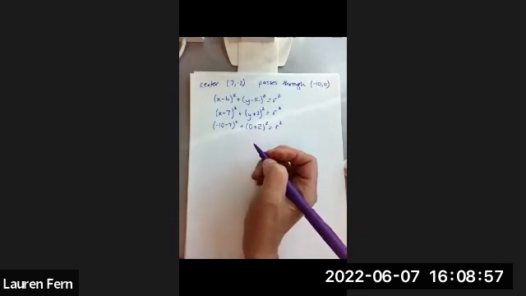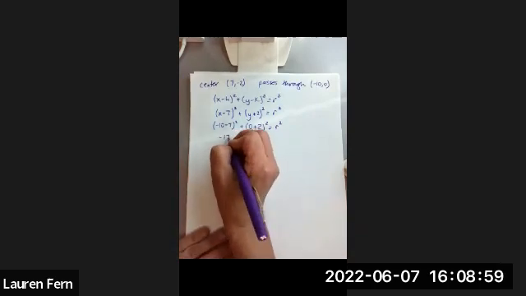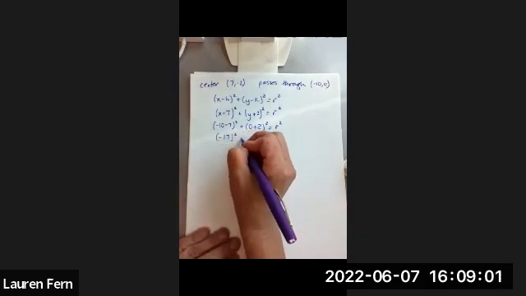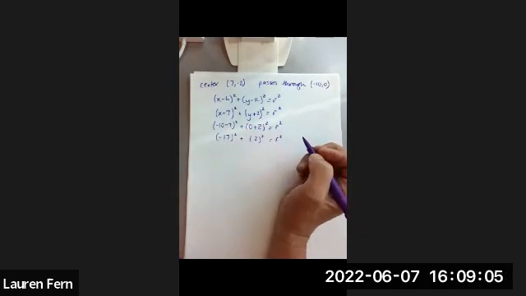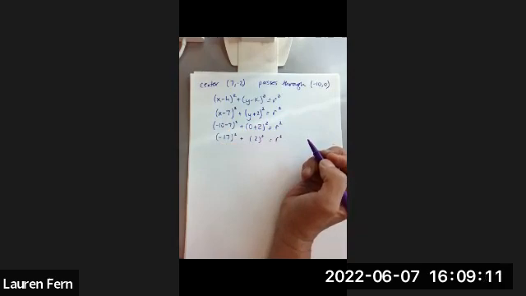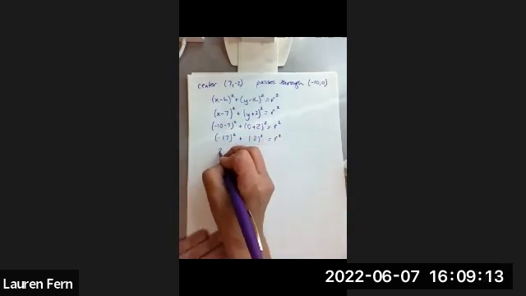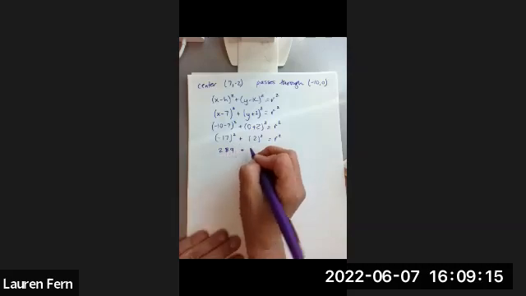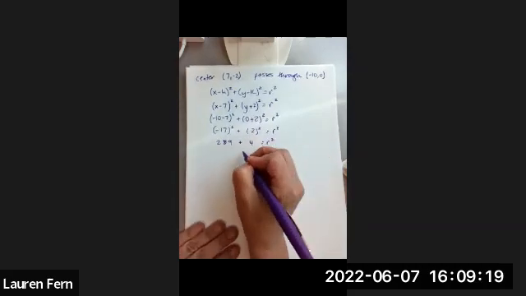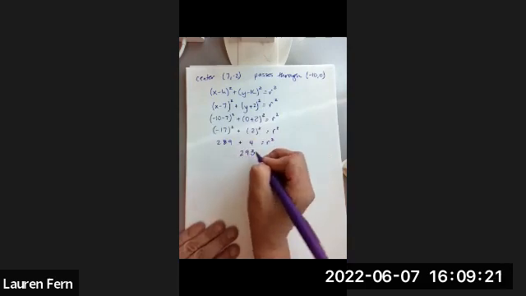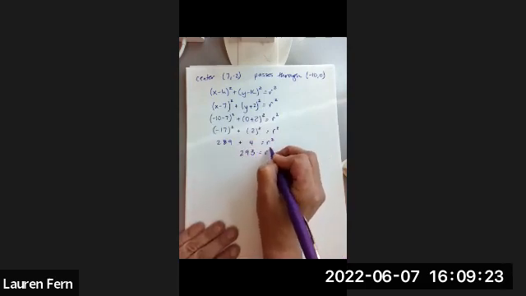Well, I have negative 17 squared plus 2 squared is equal to r squared. And now we can actually do this computation. If I square negative 17, I get 289, plus 2 squared is 4, so r squared is 293.